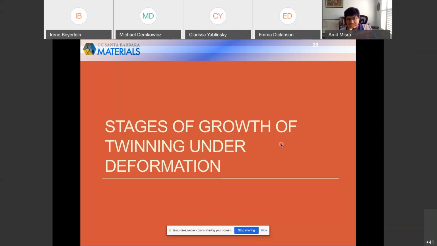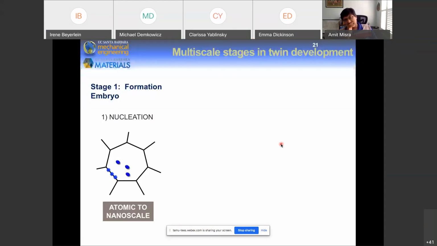So that kind of brings us now to analyzing the different stages in deformation twinning. Here is just a general breakdown of the stages of twin development. Very simple. You basically have birth and some life, and then eventually some growth. The first stage is nucleation.